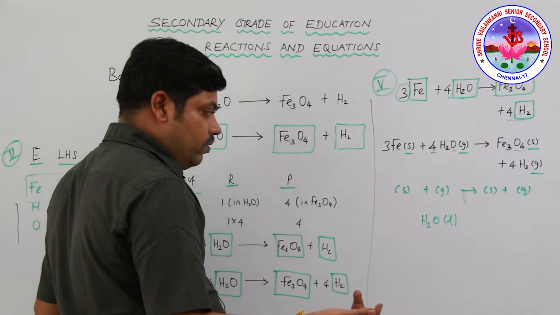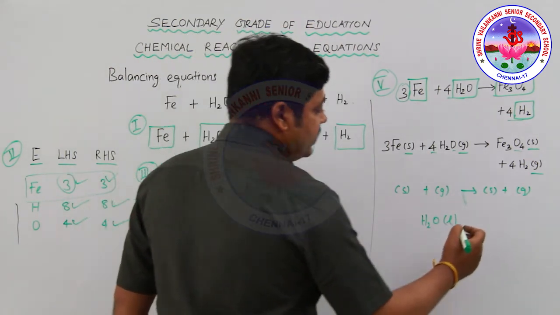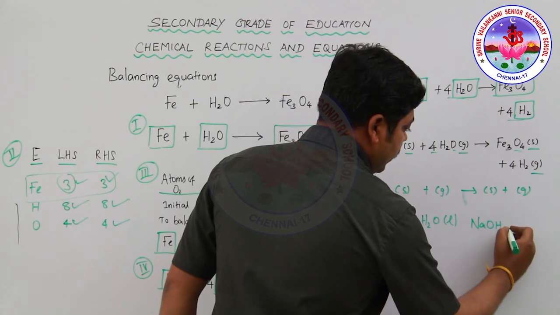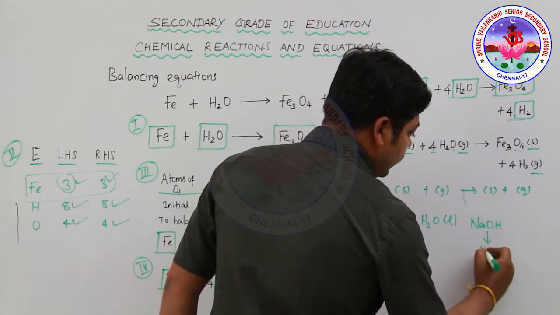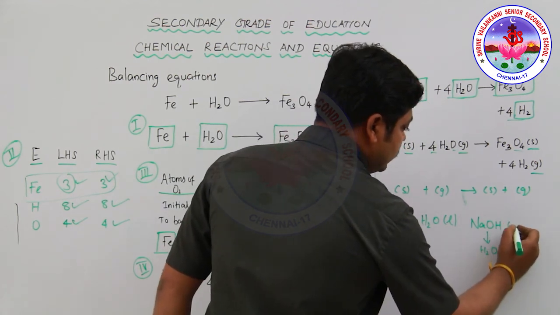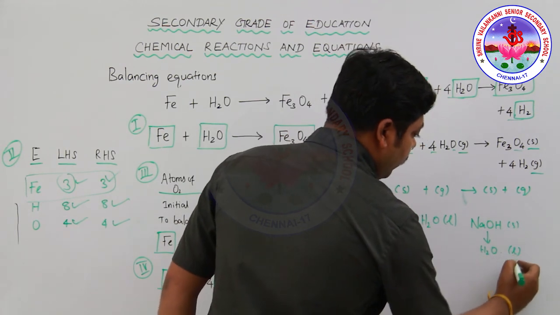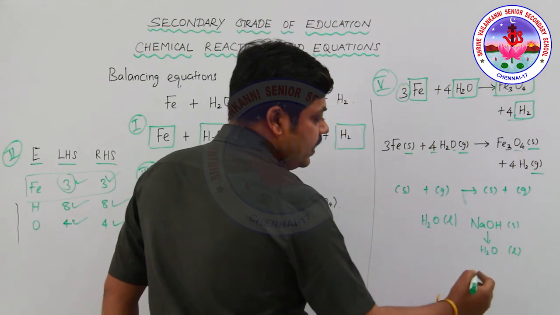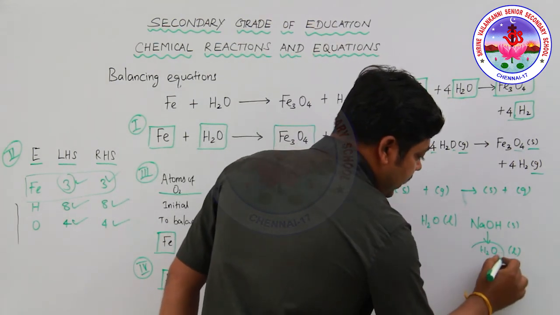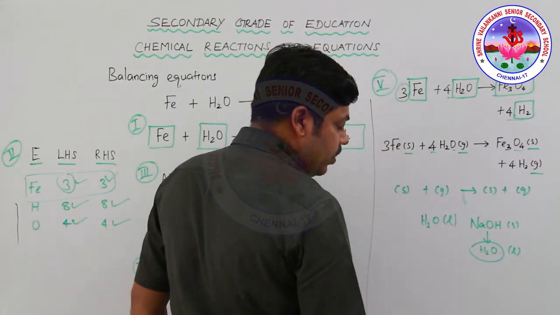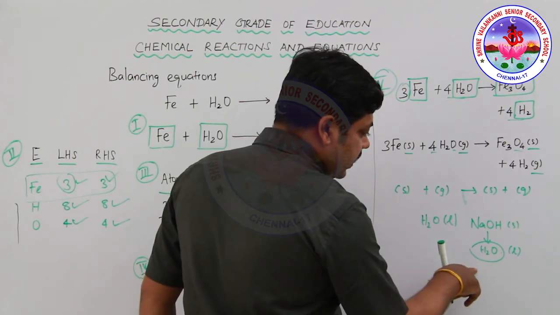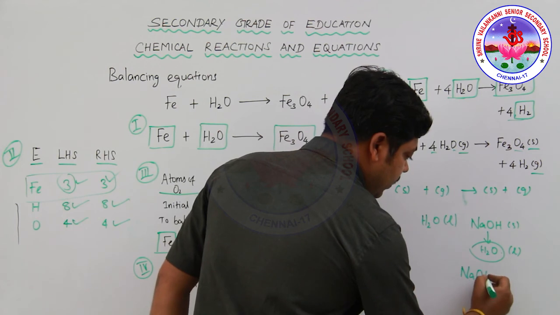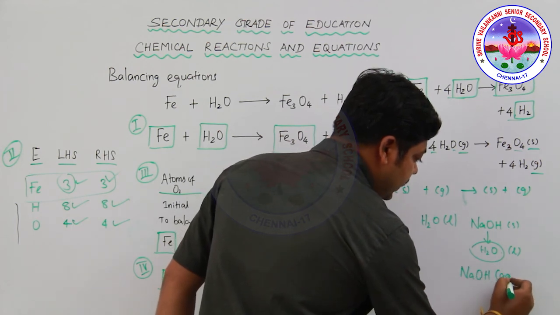Suppose some substance is dissolved in water, for example NaOH, sodium hydroxide, dissolved in water. This is a solid form, and water is a liquid form. So the solid is dissolved in that liquid. Here H2O is the water molecule. When the solvent is water, you can write NaOH in aqueous form, that is aq.